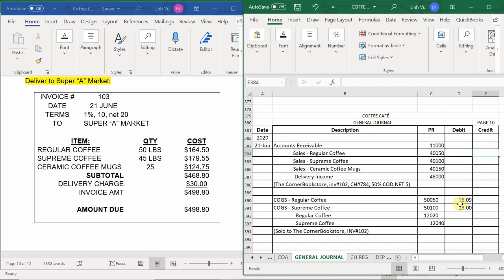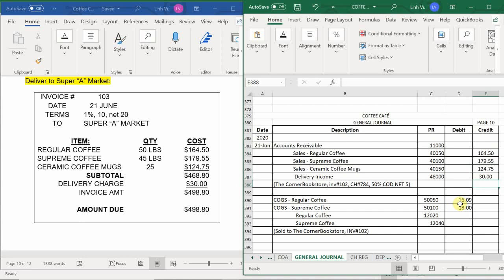How much was the sales for the regular coffee? $164.50. Supreme coffee, $179.55. And the coffee mugs, $124.75. And the delivery charge, $30.